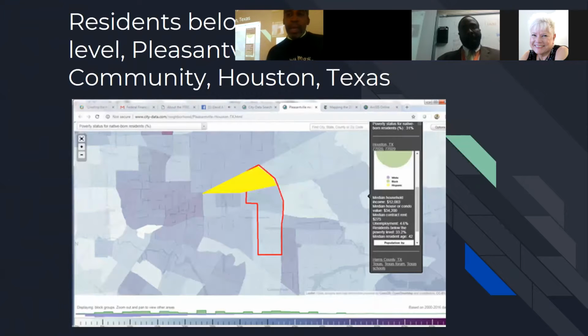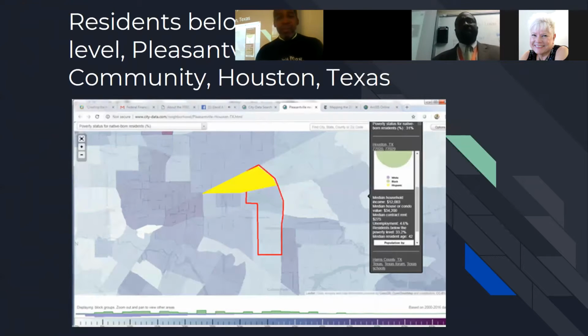I'm pretty sure that, well, actually, this is an exercise we call mental mapping. If you were to ask anybody, well, what are the boundaries of your neighborhood? If you ask 10 people in the neighborhood, what are the boundaries of that neighborhood, you're going to get 10 different answers, and probably 10 people arguing that, well, no, that's not in our neighborhood, and this is.